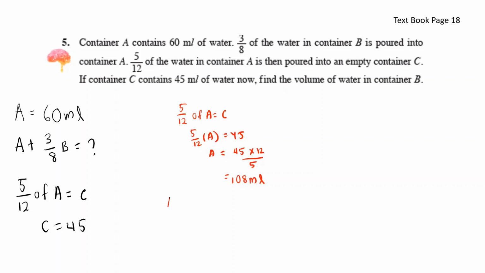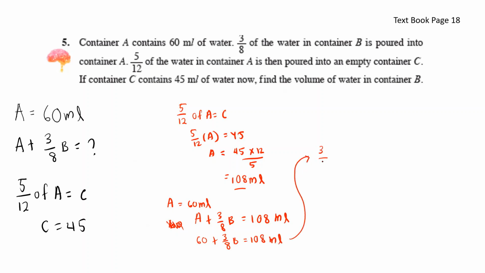So since container A originally had 60 ml and now it has 108 ml, we have container A plus 3/8 of container B gives 108 ml. Since A was originally 60, 3/8 B equals 108 minus 60.